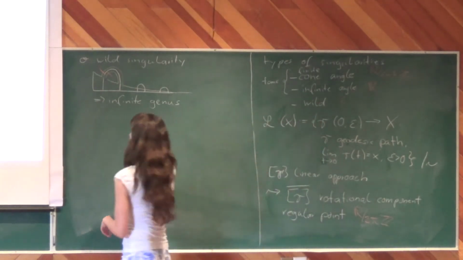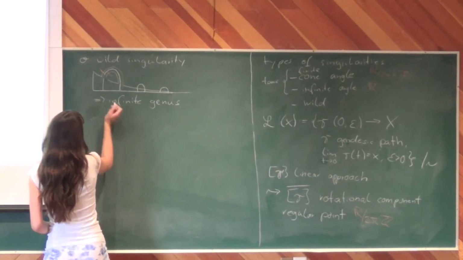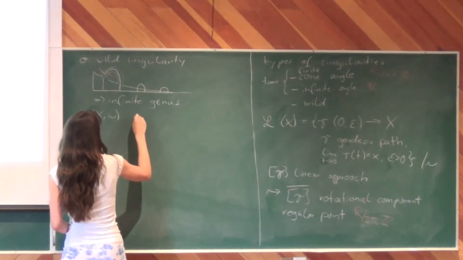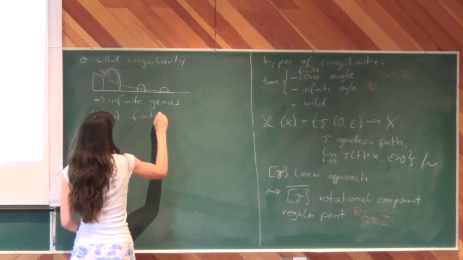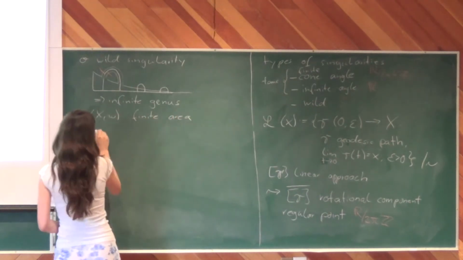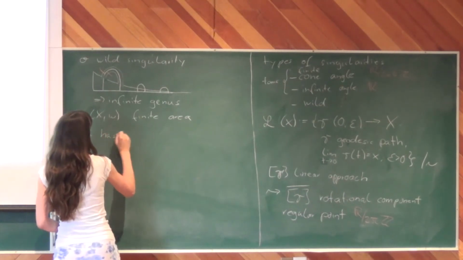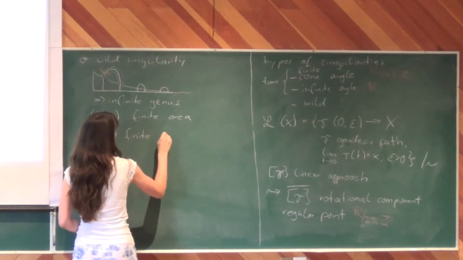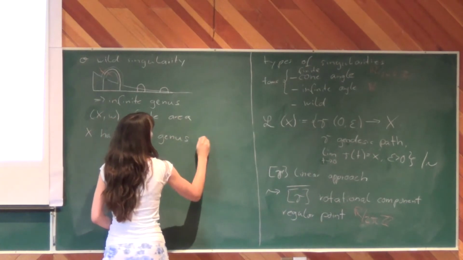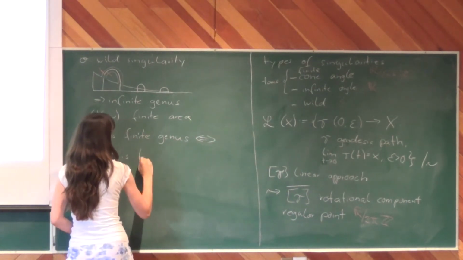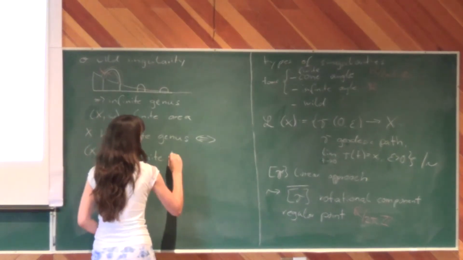What is nice is, you have a translation surface with finite area, and you can say you have finite genus if and only if (X, omega) is a finite translation surface.